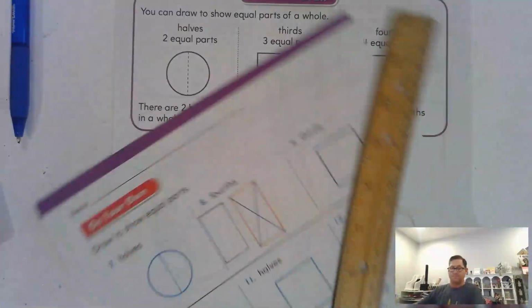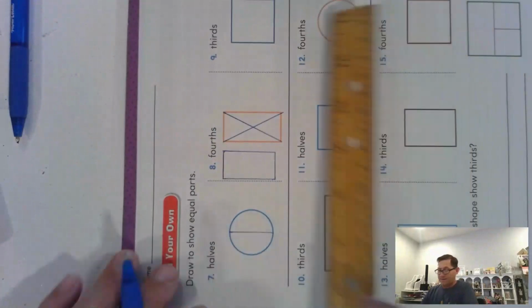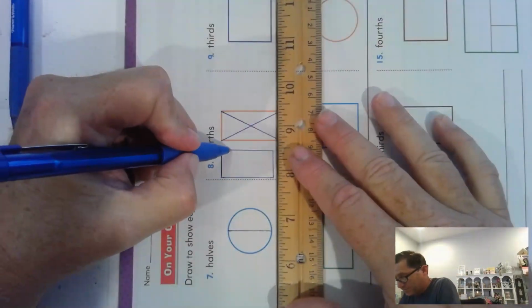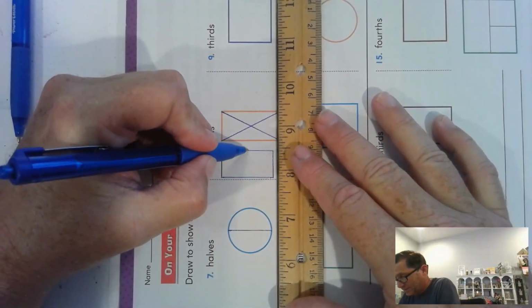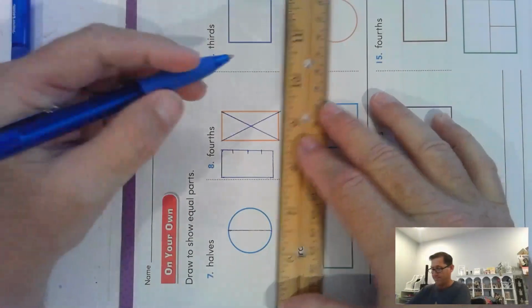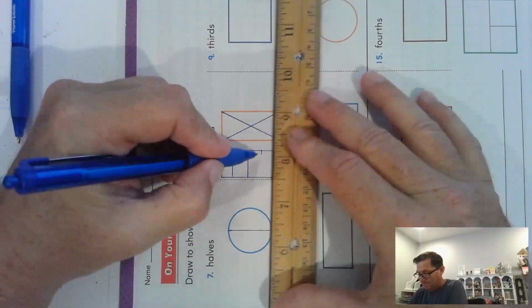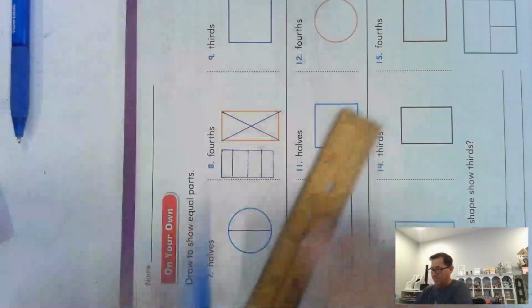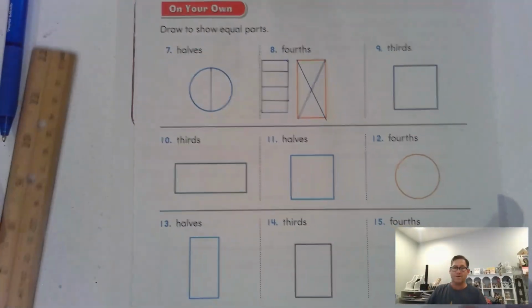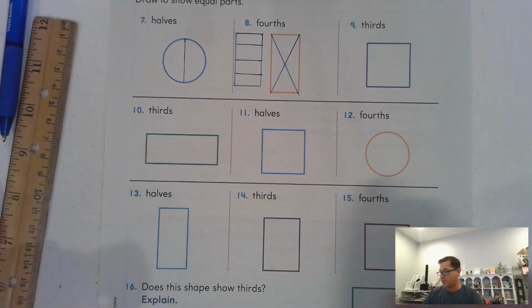All right. So I'm going to turn it sideways so I can find four equal sections. All right. So I think that's roughly equal. Okay. All right. And thirds.